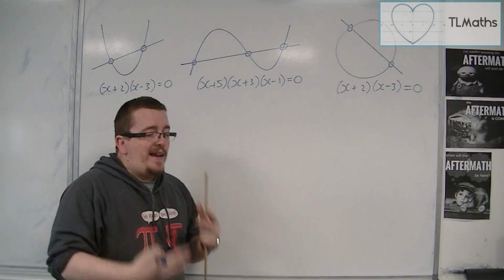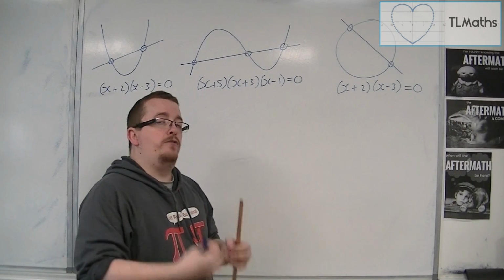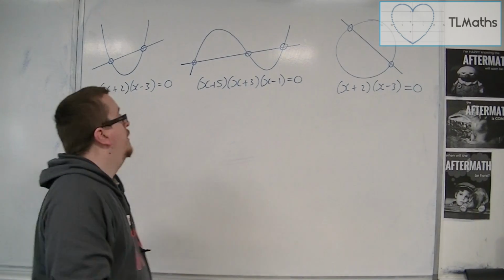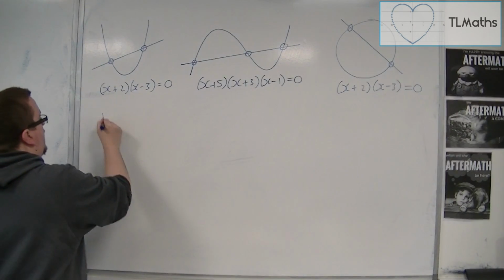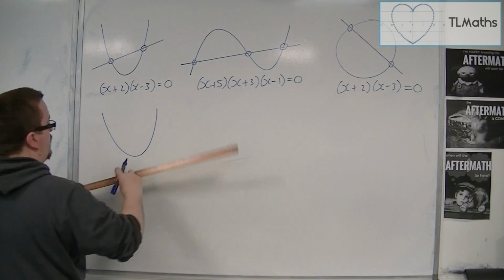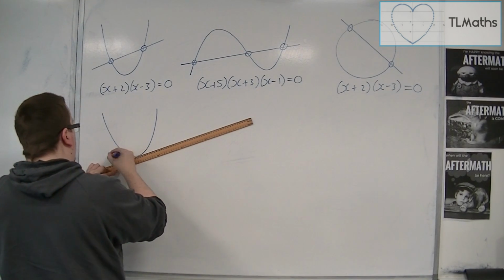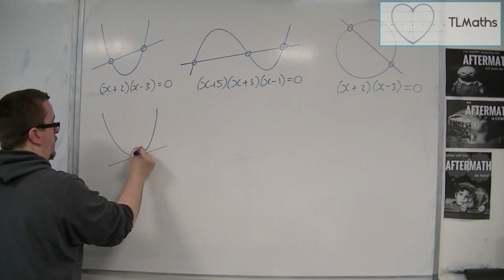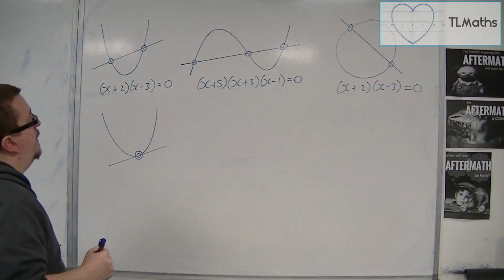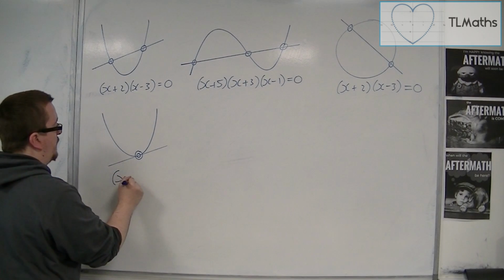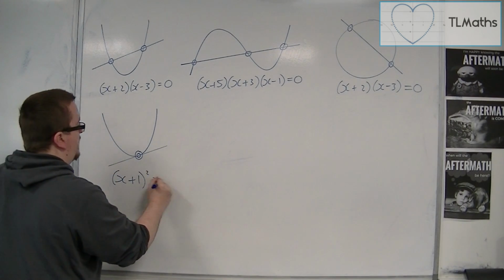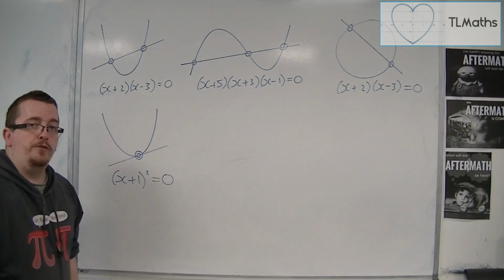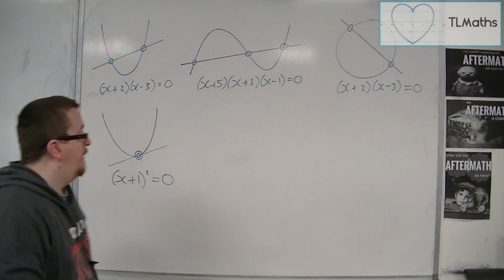Then the second is where you have a repeated value. So it may well be that we're looking at this parabola again, and the line is a tangent to that parabola. Okay, so you'd have the situation of something like (x + 1)² = 0 when you've simplified the algebra far enough.